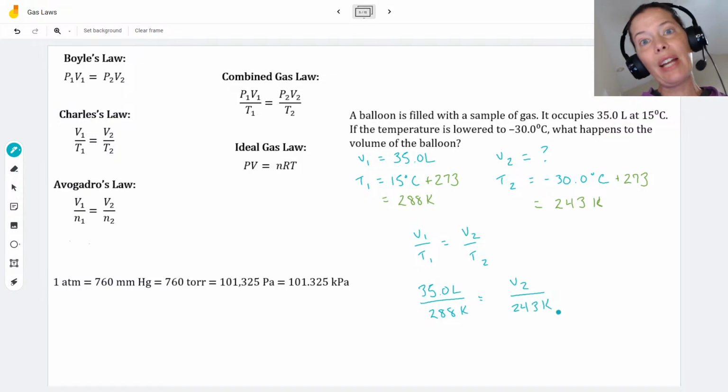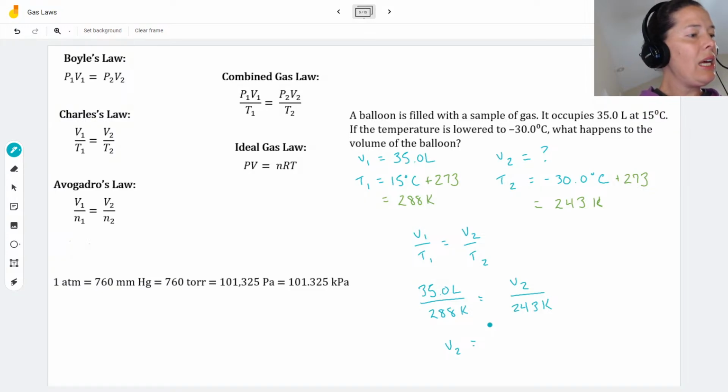Again, my units are matching. I've got Kelvin on both sides, and my V2 is going to come out in liters. So I can solve for V2, and I will get 29.5 liters.